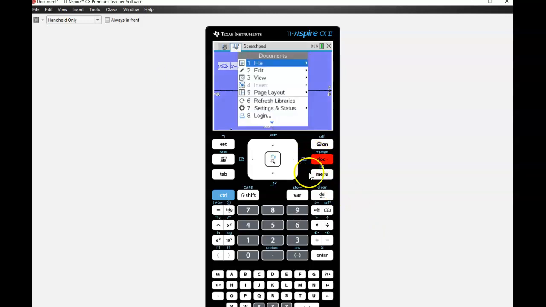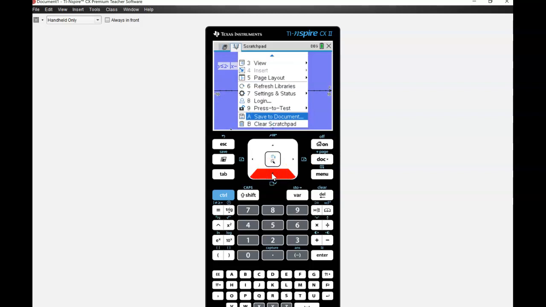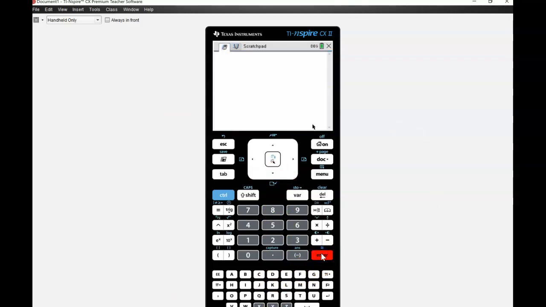Now, I mysteriously told you guys to do B, but the reason is if you keep scrolling down, after all the numbers finish, you have A and then B. B says to clear the scratch pad. That's why you can do doc B, very quickly clear everything. Okay, and it goes back here. So go back to the graph. Once you do that, this should revert to f of x.